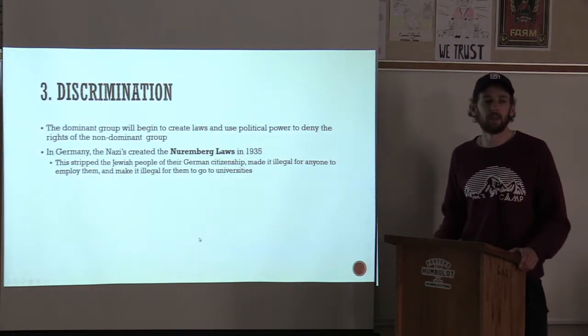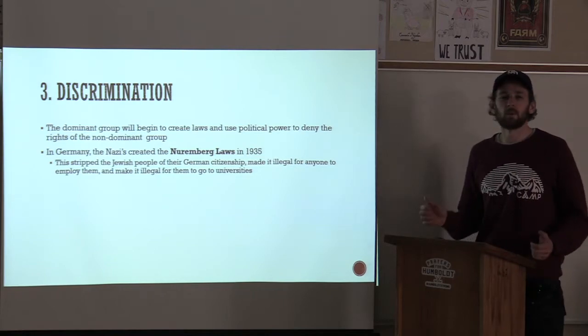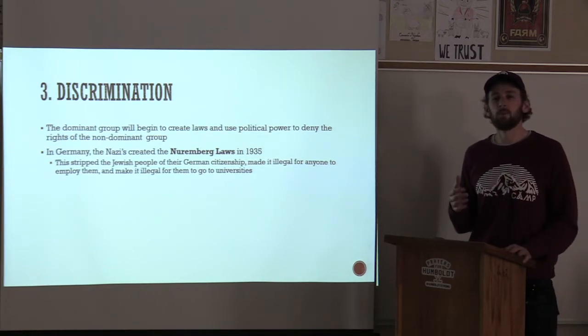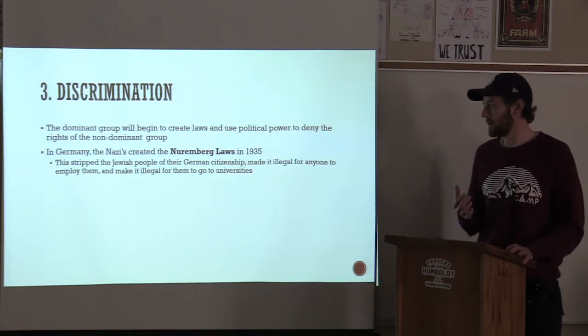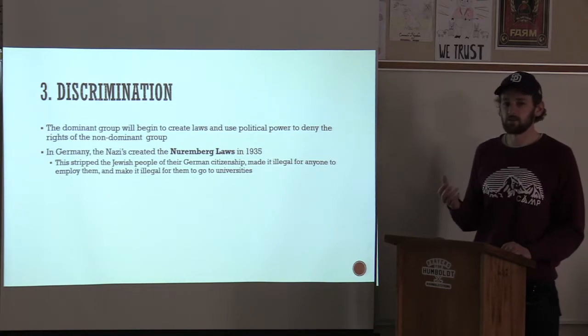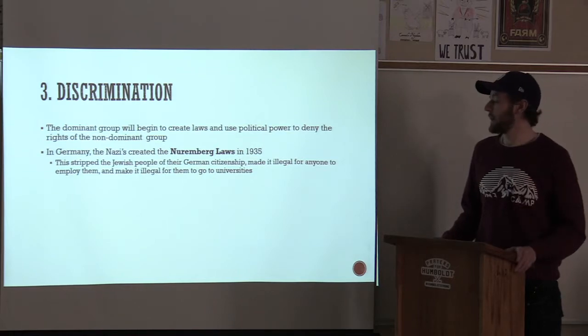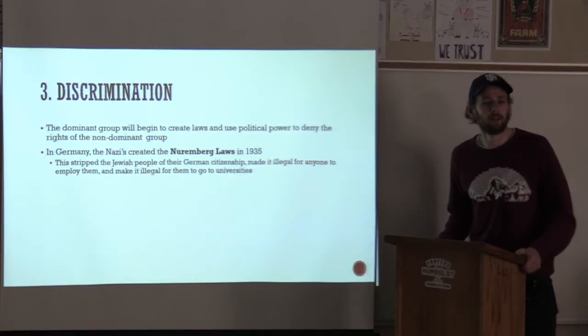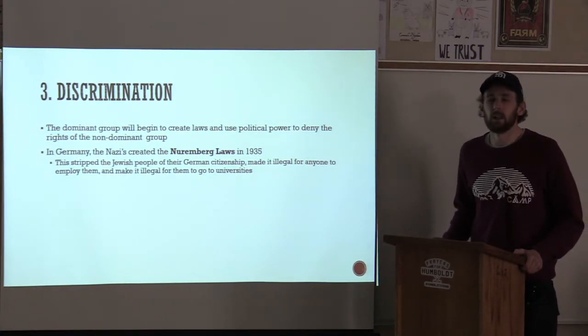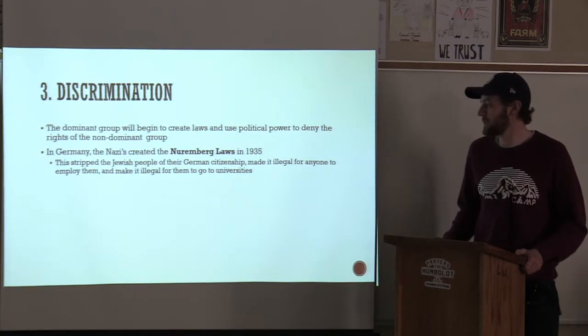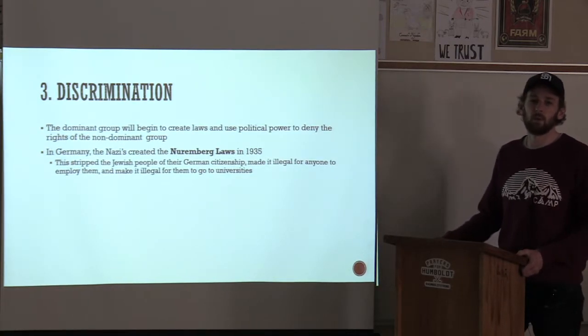Now, step 3 is discrimination. This is where we see the ruling party, the group that's in power, start to pass laws and use their political power to deny rights and freedoms to the non-dominant group. In Germany, we see the Nazis pass something called the Nuremberg Laws in 1935. The Nuremberg Laws made it illegal for any Jewish person to own a business, to go to universities, or for anybody to employ them.